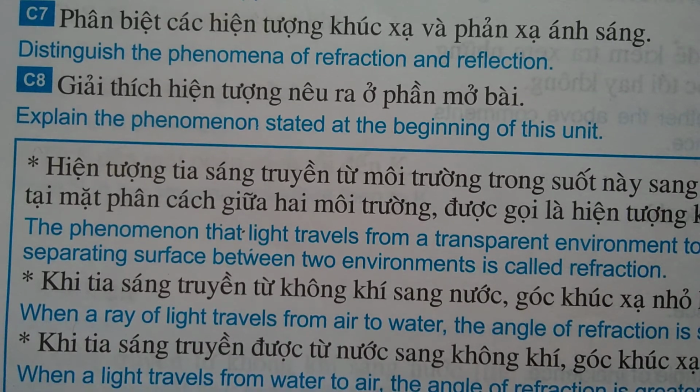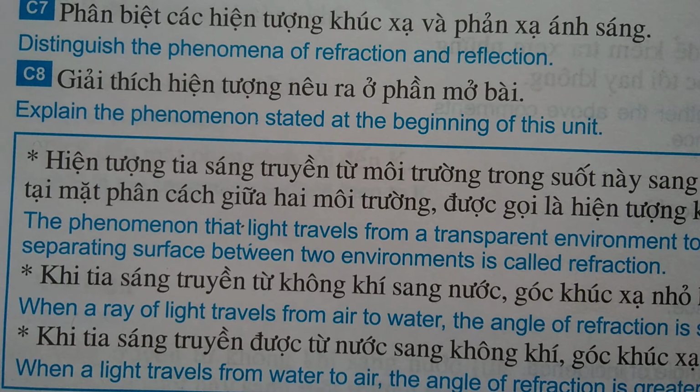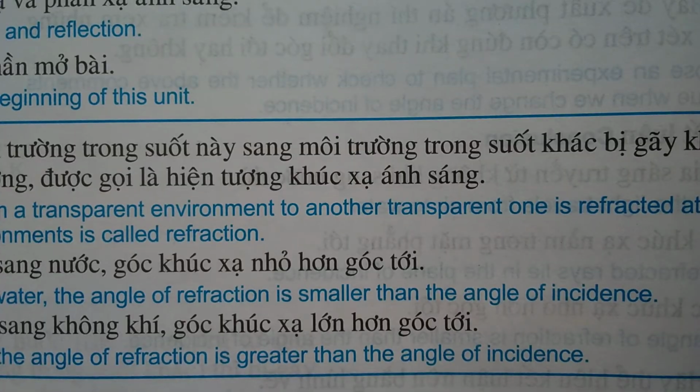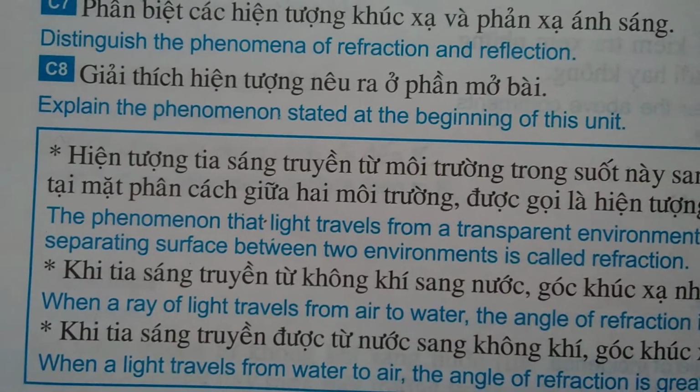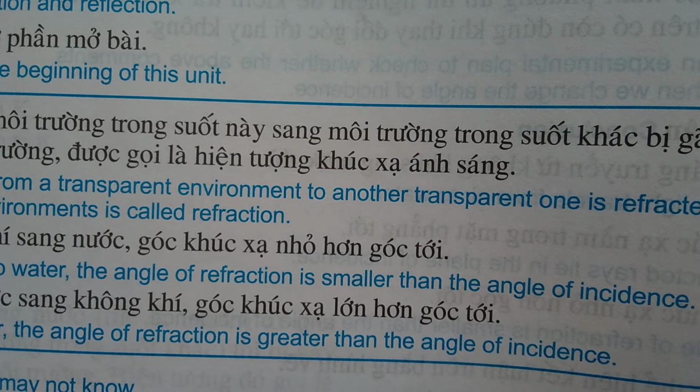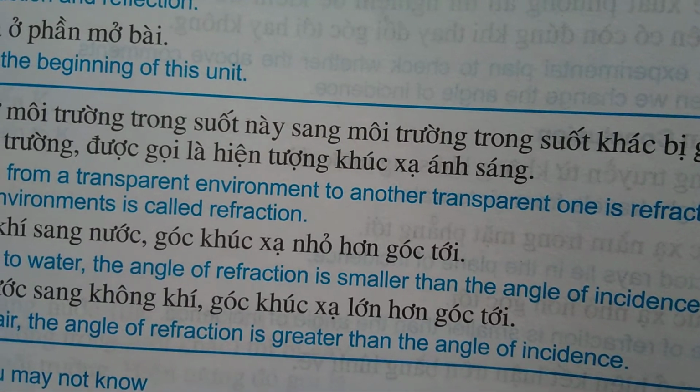When a ray of light travels from air to water, the angle of refraction is smaller than the angle of incidence. When light travels from water to air, the angle of refraction is greater than the angle of incidence.